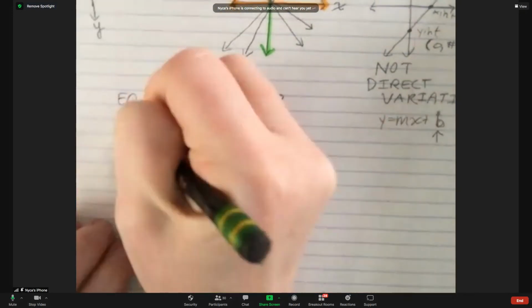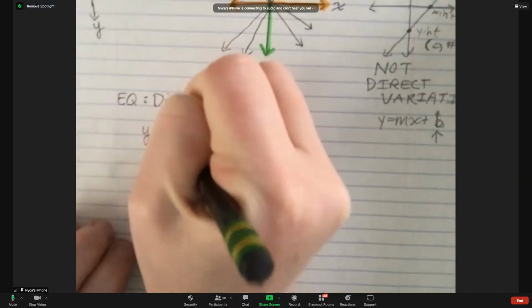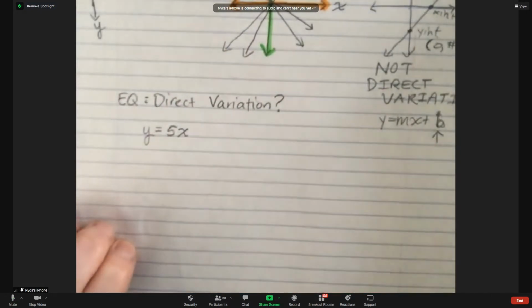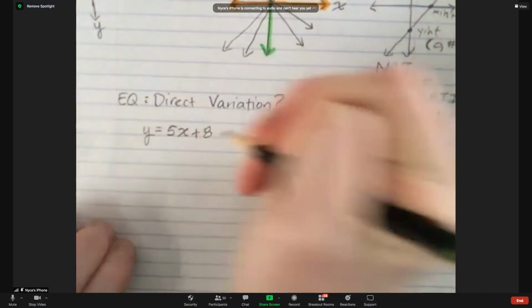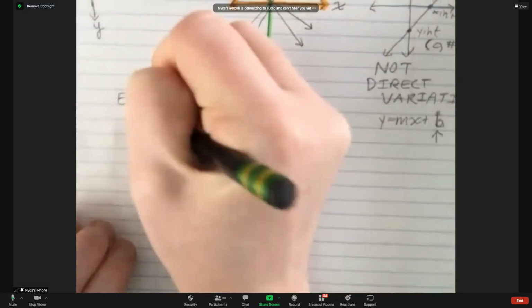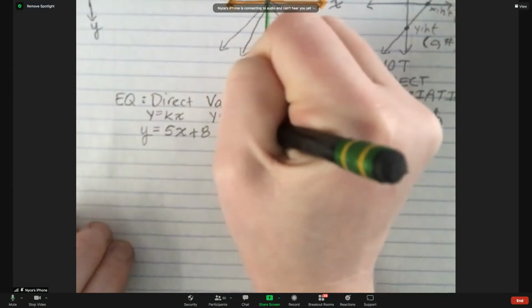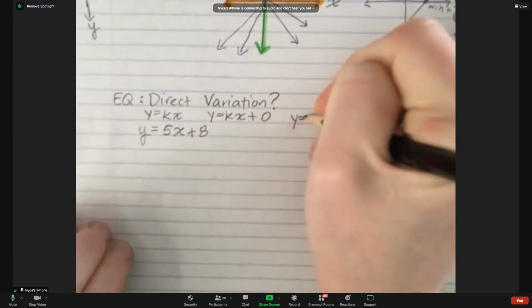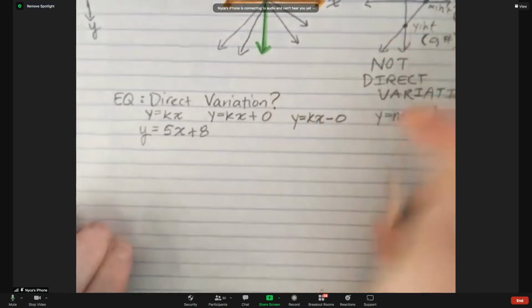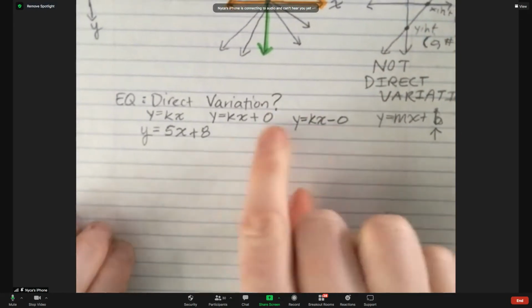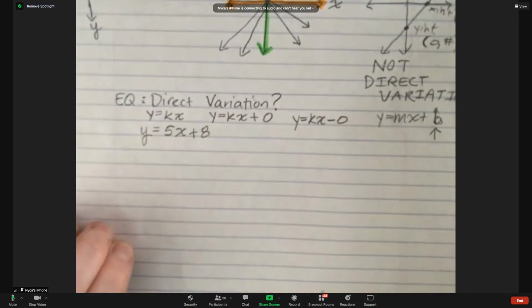If I were to give you y equals 5x plus 8. Remember, direct variation has to be y equals kx. Or, again, it could be y equals kx plus 0. Or y equals kx minus 0. Because technically, you just wouldn't have to write those. Those three mean the same thing.